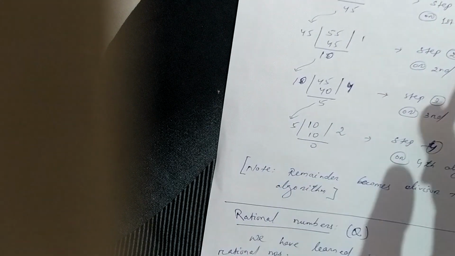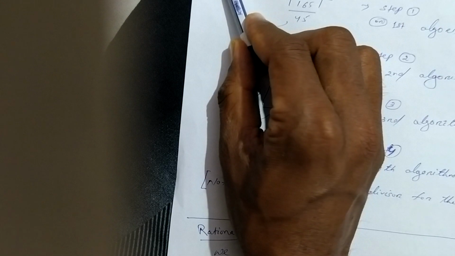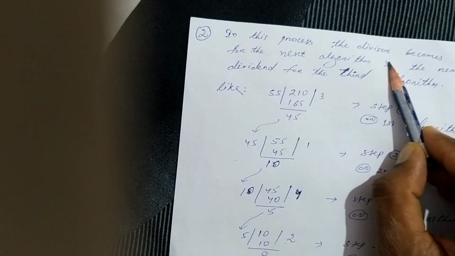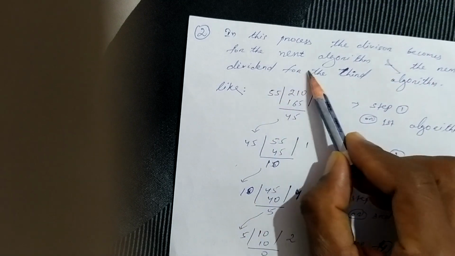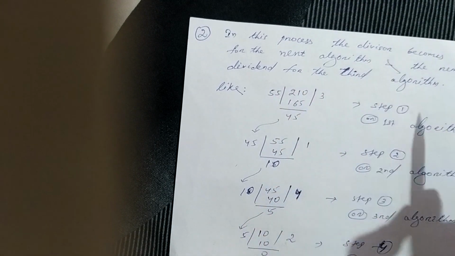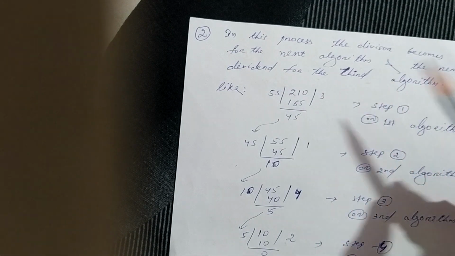So, one more example you can see, on page number 2. In this process, the divisor becomes the dividend for the next algorithm, and the remainder becomes the divisor, then the dividend for the third algorithm. The algorithm means each and every step we are following here.